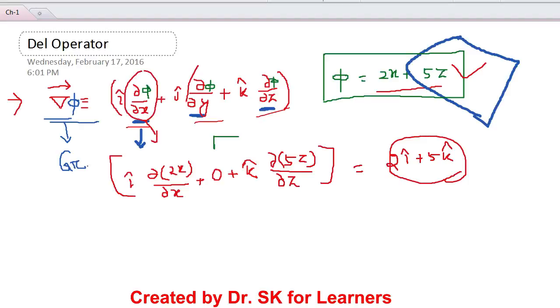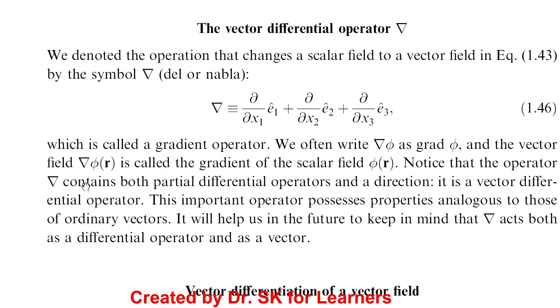It uses differentiation. So it has some application that is quite similar to the application of derivatives and integrations. Let's see what that is. So we understand the gradient of phi, we write it like del phi or grad phi, and it's always a vector quantity. You'll arrive at a vector quantity.